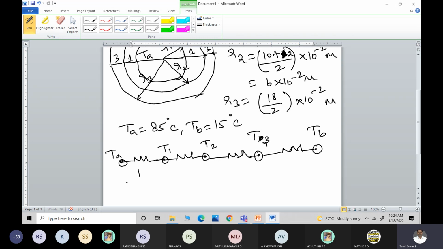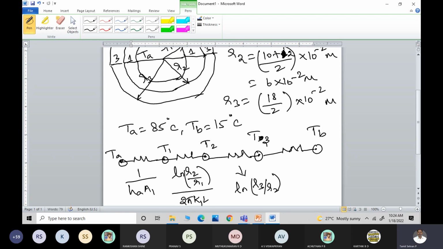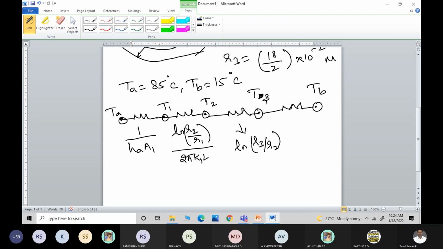Now this is 1 by HA into A1 inside. This is natural log of R2 by R1 divided by 2 pi K1 into L. And this resistance is natural log of R3 by R2 divided by 2 pi K2 into L. And this resistance is, see, the arrow mark should be the other way.